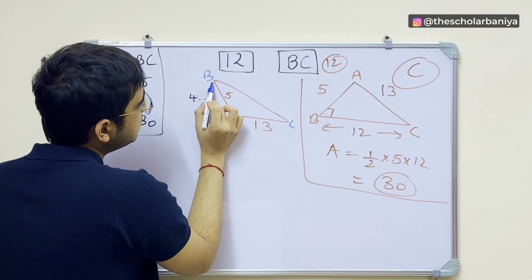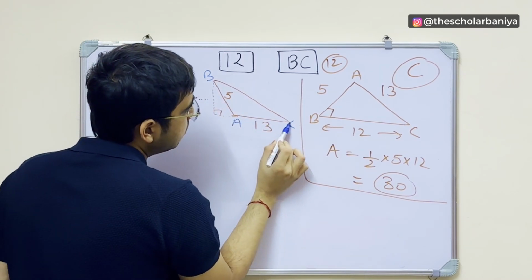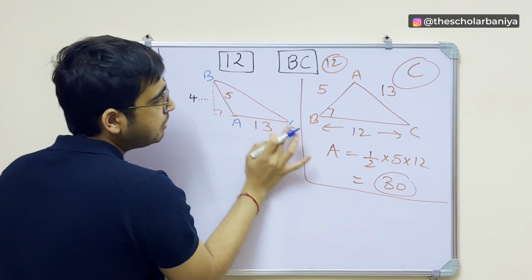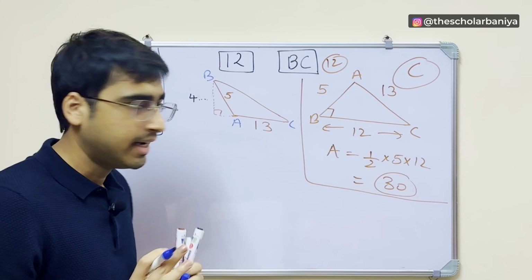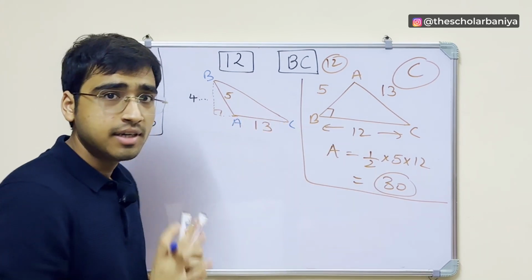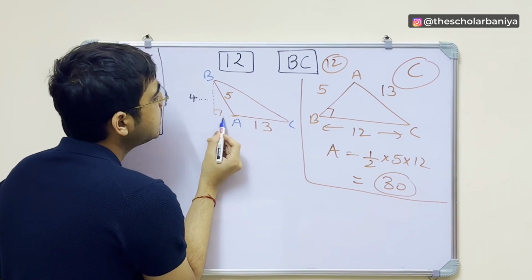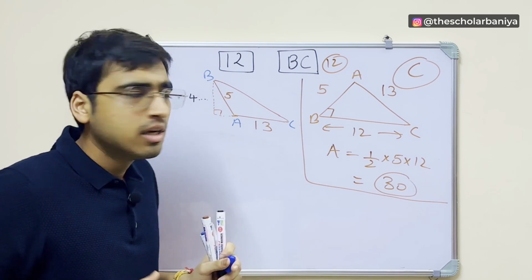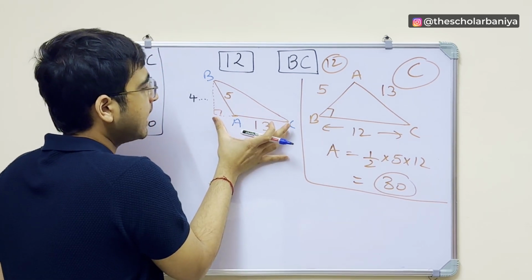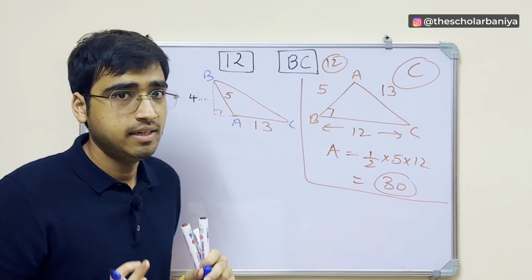If you see in this bigger triangle, BC is the hypotenuse, and this side is already 13. Let's assume this will be something more, which means this entire side is greater than 13, right?